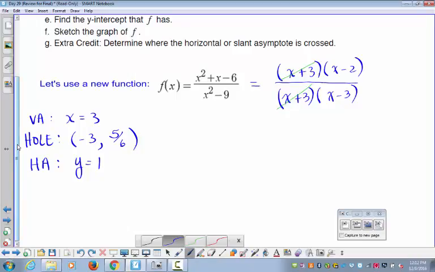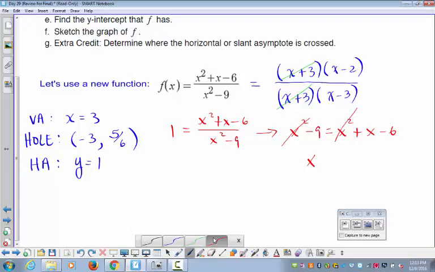Now, it is possible for horizontal asymptotes to be crossed. Let's check to see if it's crossed. We can go to the original function or the reduced function. It doesn't really matter. I'm going to go to the original right here just because I have it right in front of me. Multiply both sides by x squared minus 9. Those cancel. We end up with x equals negative 3.